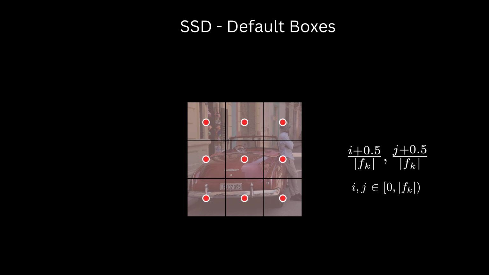The first center coordinate will be 0.5 by 3, which is approximately 0.16 in both the axes, and the last bottom right center coordinate will be 2.5 by 3, which is 0.83. If this feature map was associated with a scale value of 0.725, which is actually the scale ultimately used by the authors for the 3x3 feature map, then for default boxes of aspect ratio 1, we would end up with these boxes.